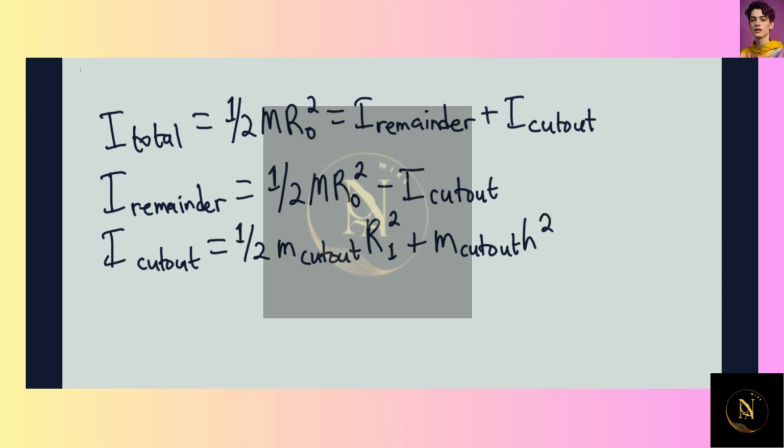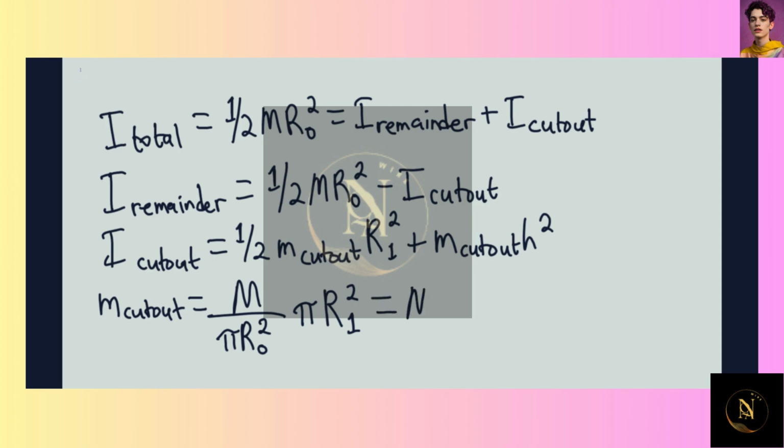times h squared. And we can say that then the mass of the cutout would be equal to the total mass divided by the total area multiplied by the area that was cut out, pi times r sub 1 squared.